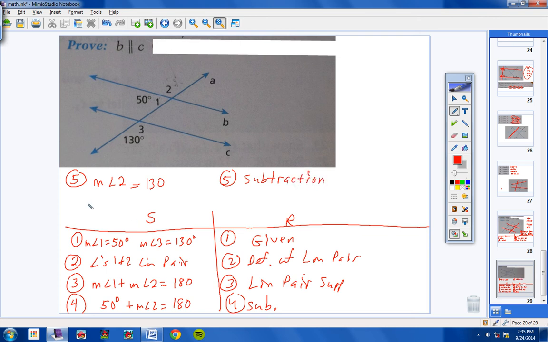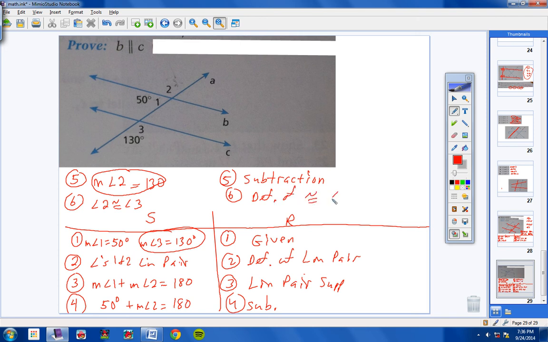And then look what I've stated in my proof, students. Please look. I have stated in my proof on the given line that the measure of angle 3 equals 130. And I've stated on line 5 that the measure of angle 2 is 130. So I can definitely state now that angle 2 is congruent to angle 3, and the reason will be definition of congruent angles.